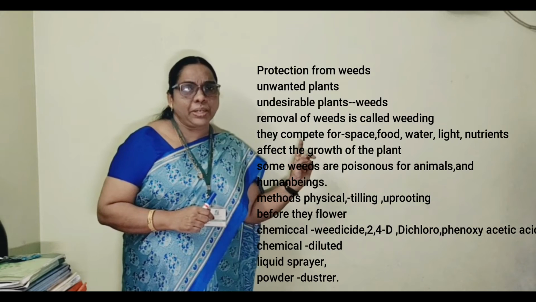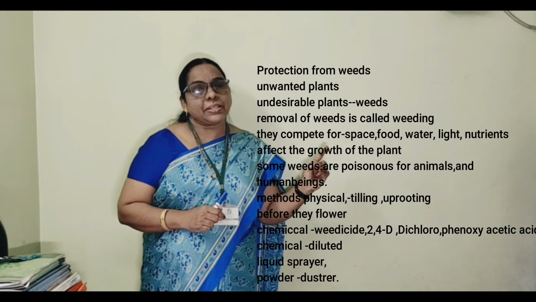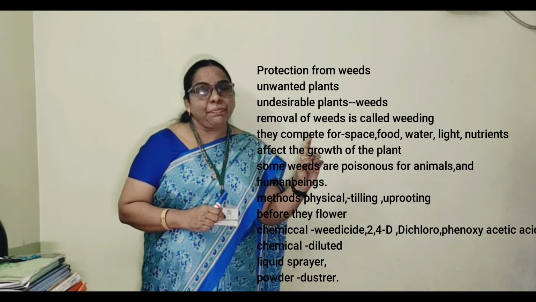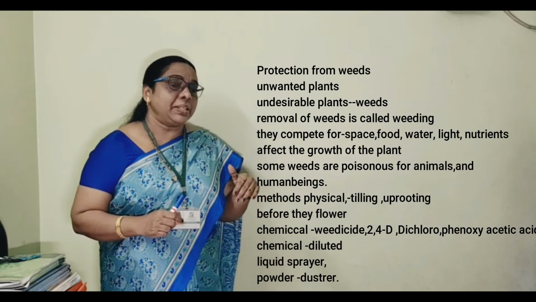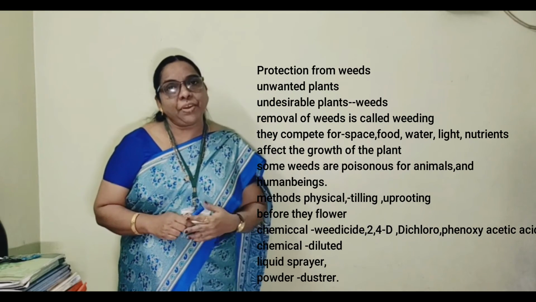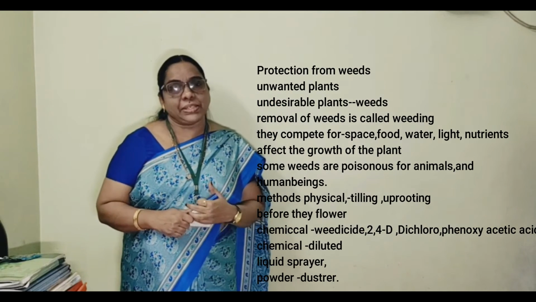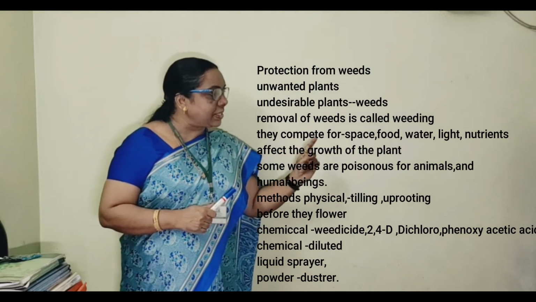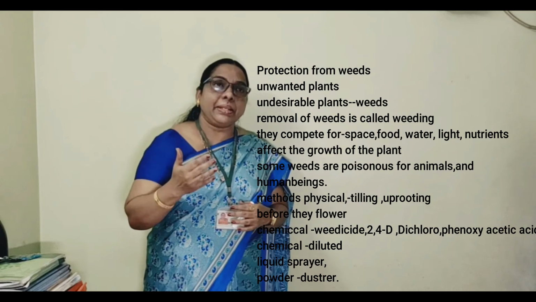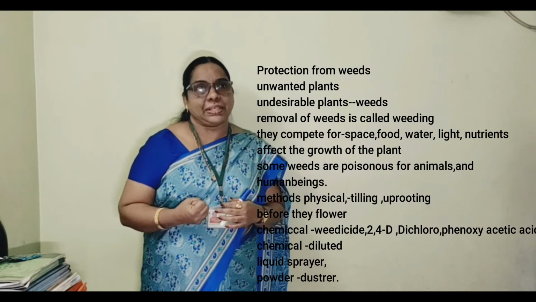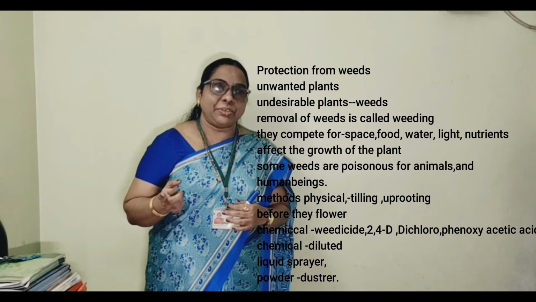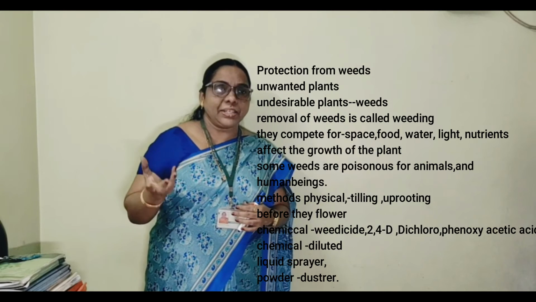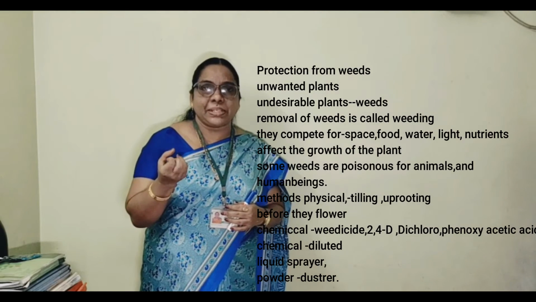And the fourth point is that we have to remove these plants before flowering. Why? Once these unwanted plants start giving flowers, the flowers will be converted into fruit, and later the fruits will develop seeds.